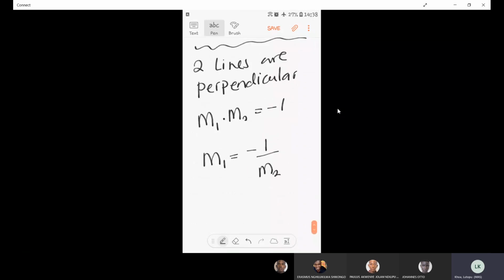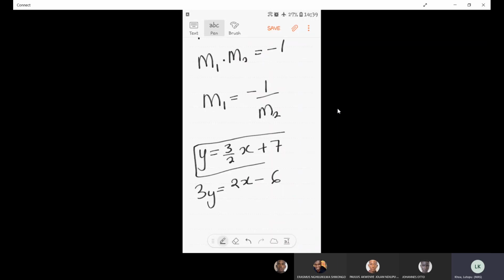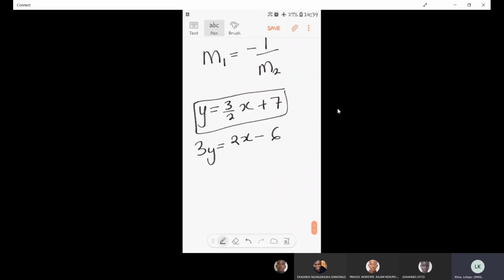So if we look at two lines, let's say I have y is equal to 3 over 2x plus 7, and then I have 3y is equal to 2x minus 6. So again, the first thing you should do is write them in standard form. This one here is already in standard form, so no need to change it.